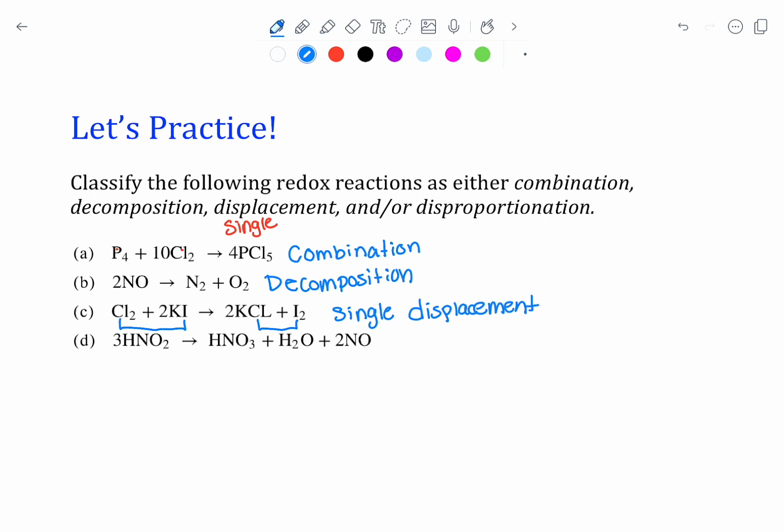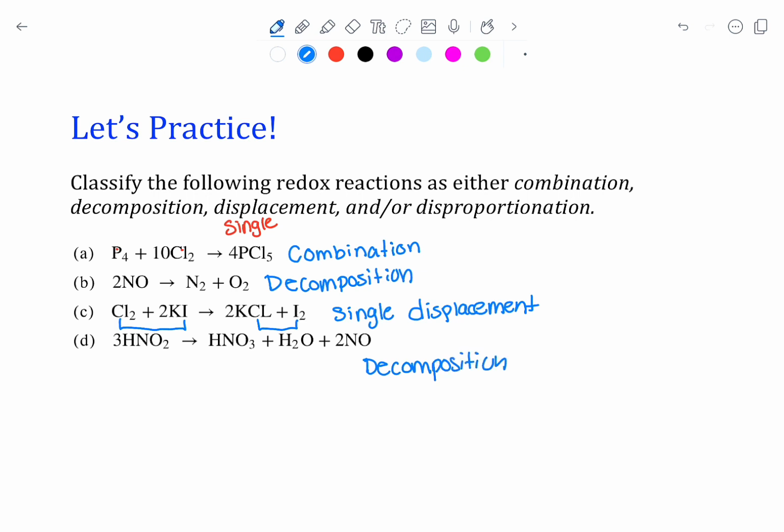And finally, we have HNO2 turning into HNO3 plus water plus NO. So we have one reactant turning into three products, so that's automatically a decomposition reaction.